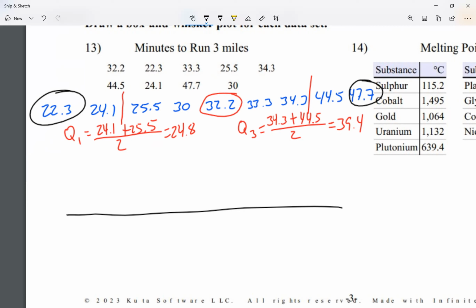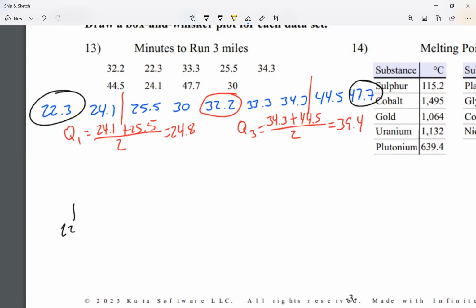So in my graph, there should be a 22 because it has to include 22.3. And then there's a 24 on my list because I'm not quite going to use decimals. And then let's say I have, let me just identify this way instead.